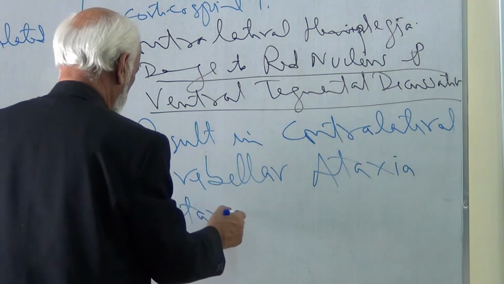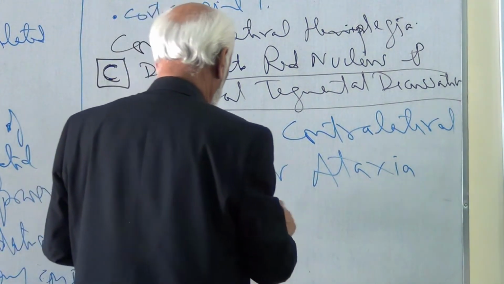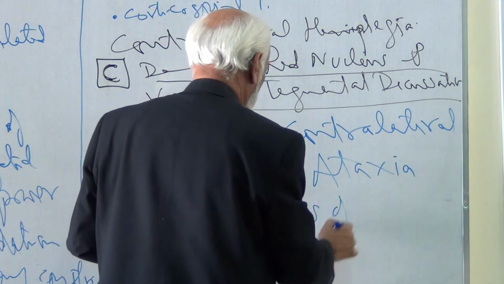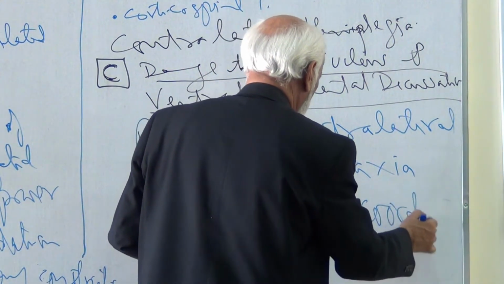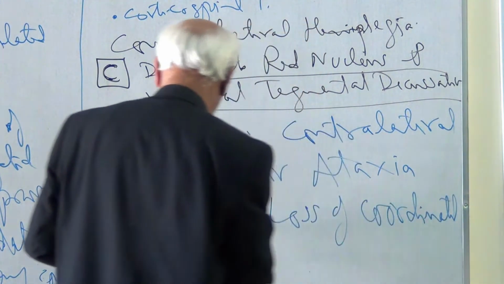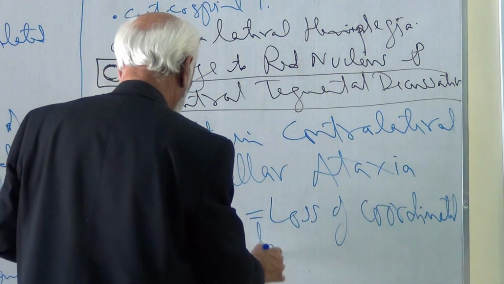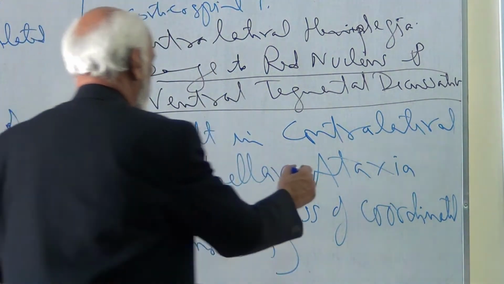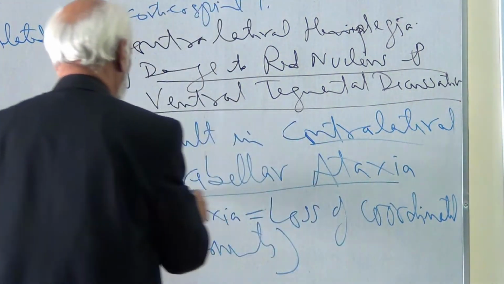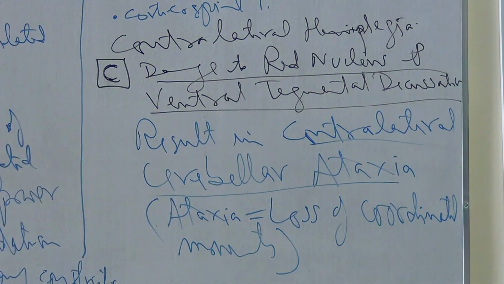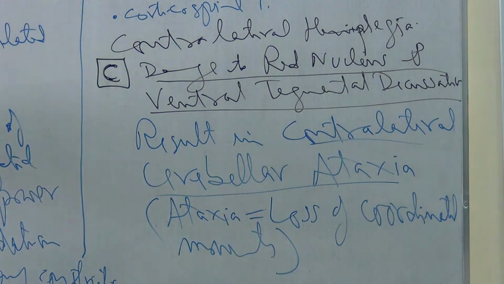As I told you, ataxia is a loss of coordinated movements of the body. Contralateral cerebellar ataxia. Now this needs some more detail, so with the help of a diagram, I will try to explain.